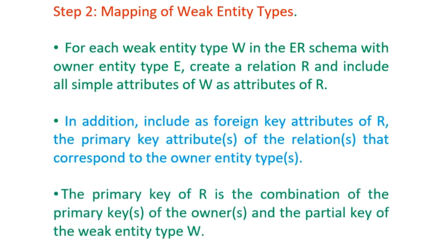In the second step, while mapping weak entity types, for each weak entity type W in an ER schema with owner entity type E, create a relation R and include all simple attributes of W as attributes of R. Let's see an example.